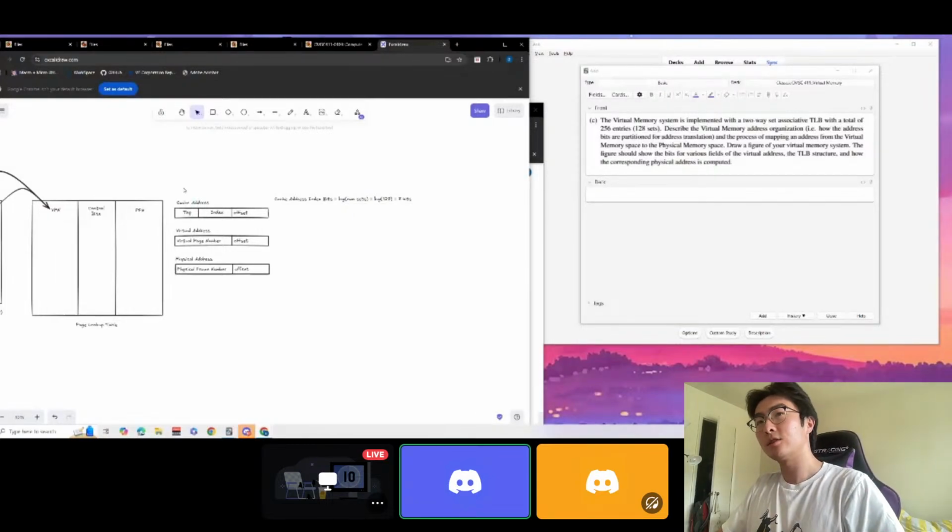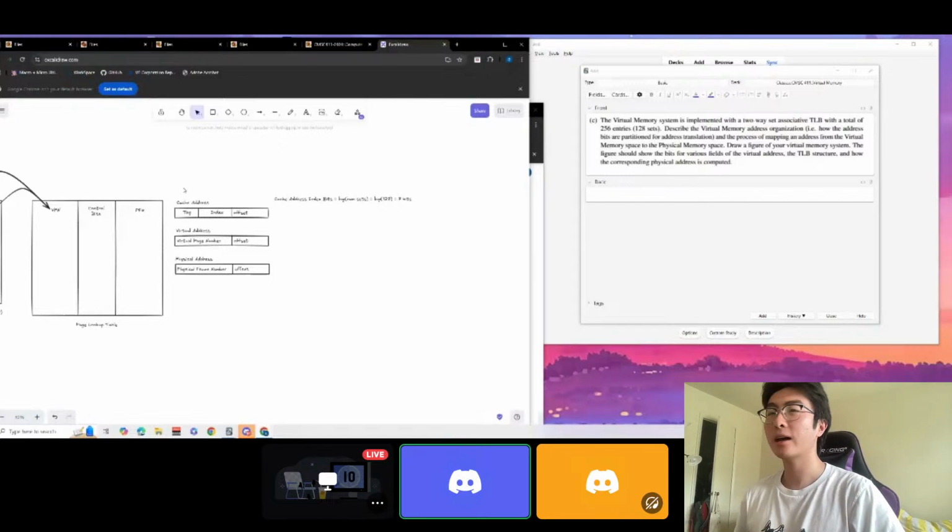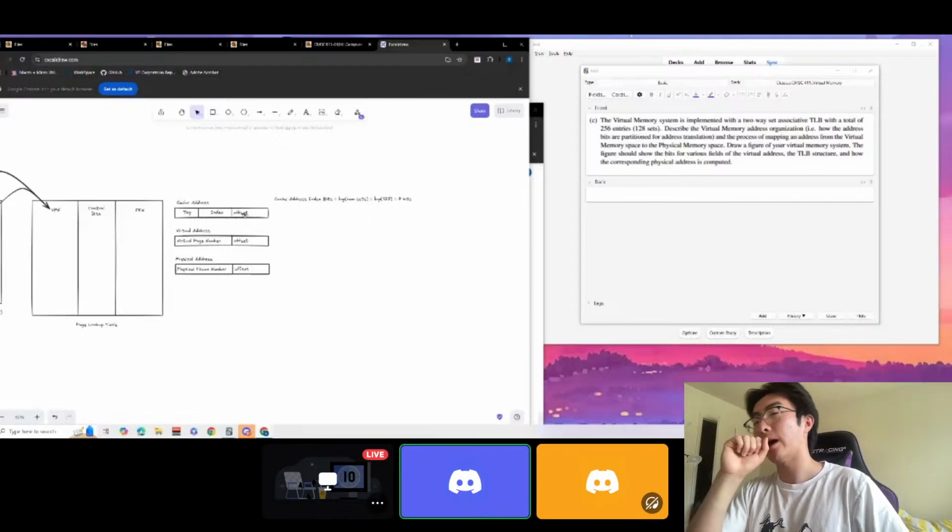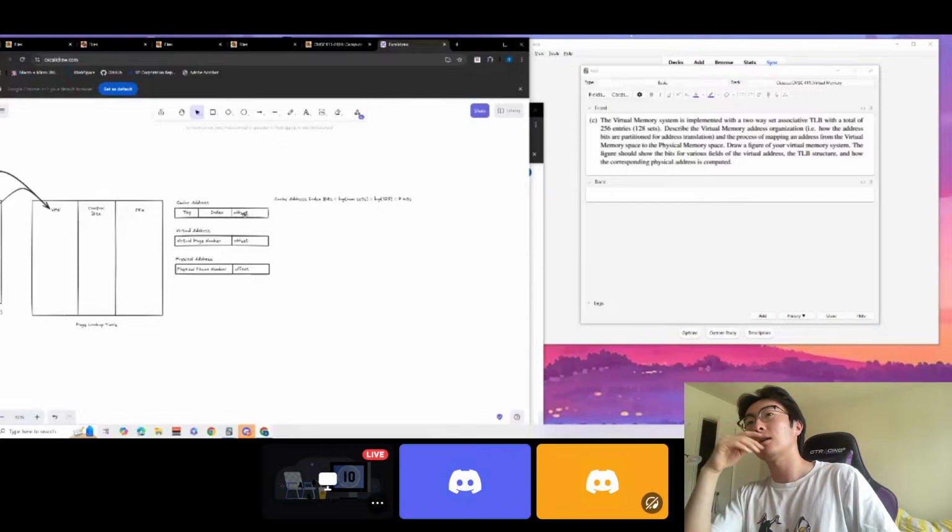Because I don't think this is storing actual data in the cache. I think this is just storing the virtual page number. And the virtual page number we actually did get. I think it was 34 bits, right?